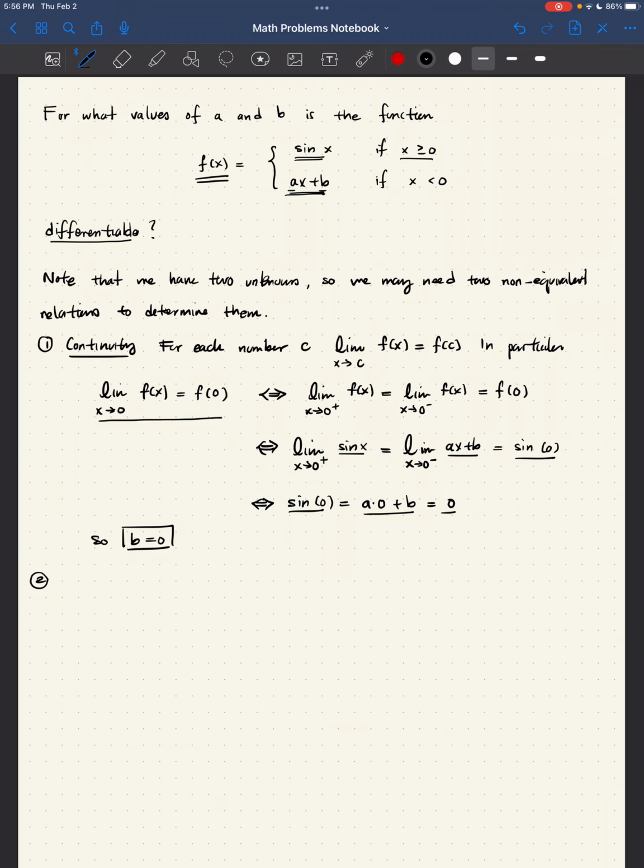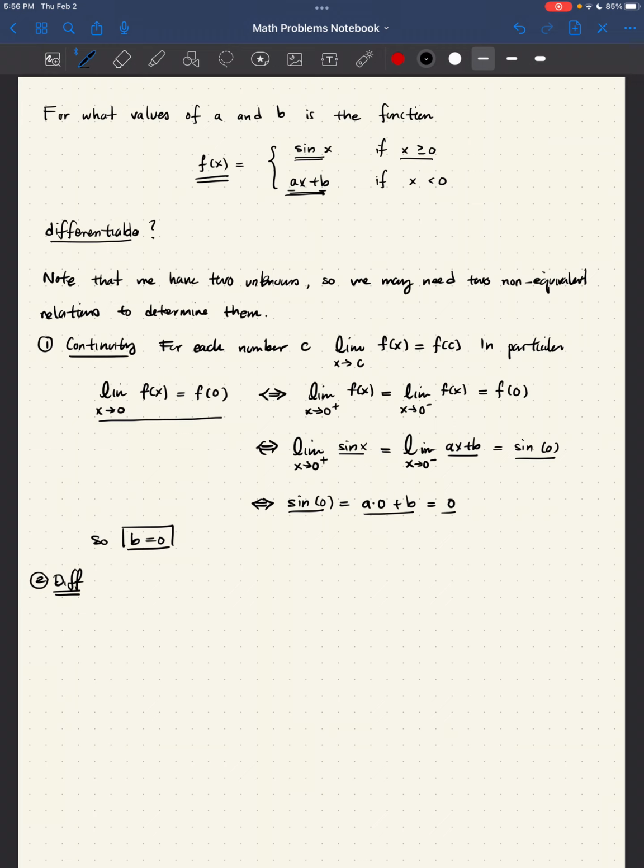For the second portion, let's use the concept of differentiability. So what does this mean in our context? Well, we will say this. The derivative must exist everywhere.